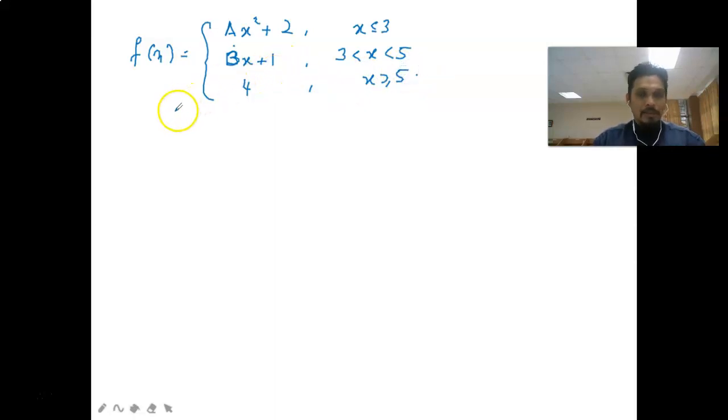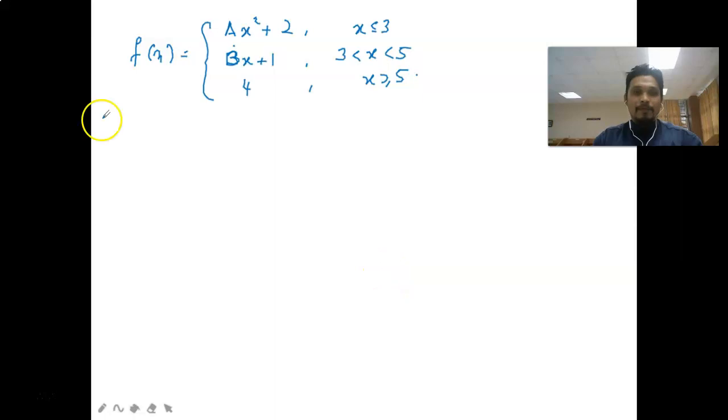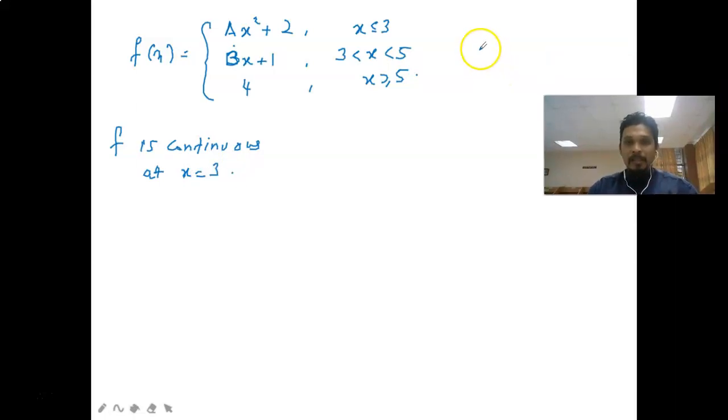Okay, so now it is mentioned in the question: find the values of a and b if function f is continuous at x equal to 3 and x equal to 5. First, f is continuous at x equal to 3. I rewrite the recall, 3 and 5.